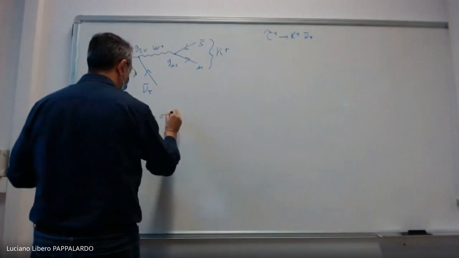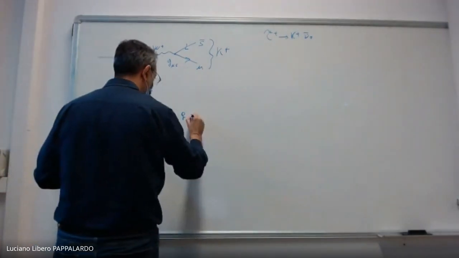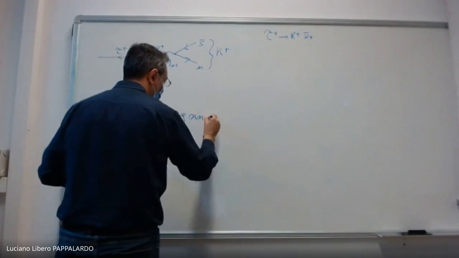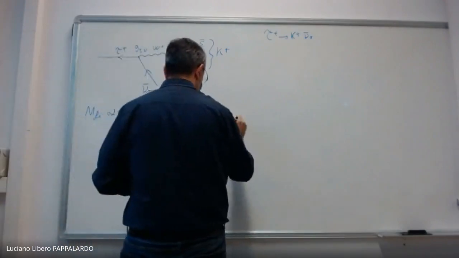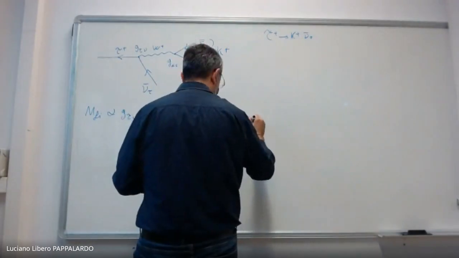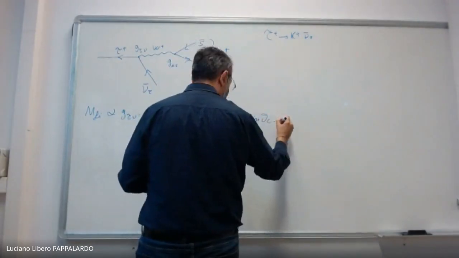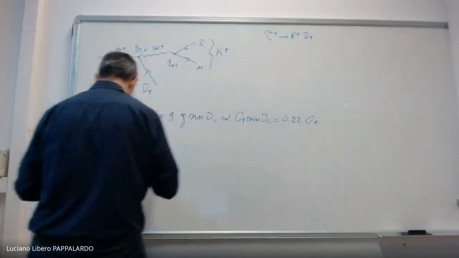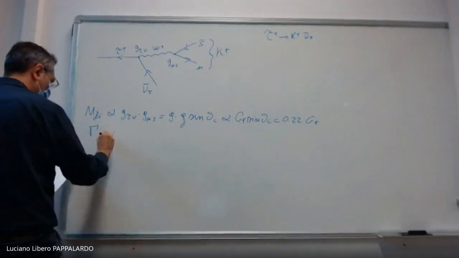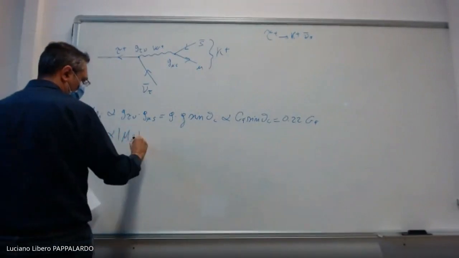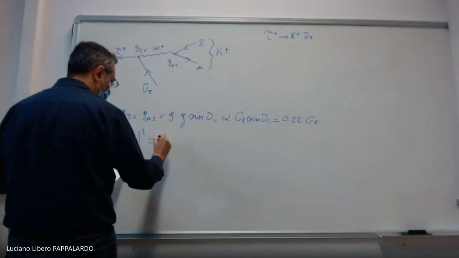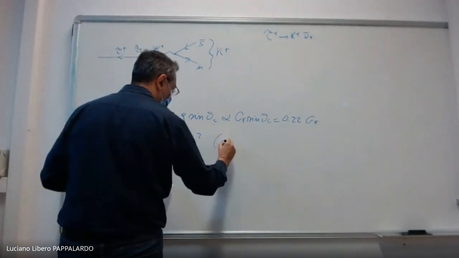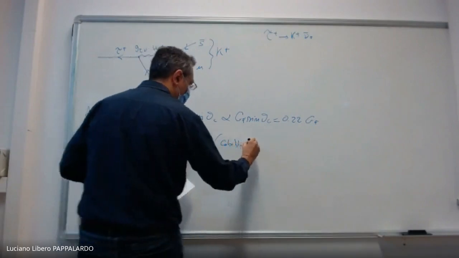And so this is G times G sine of theta Cabibbo, that is proportional to G_F sine theta Cabibbo, that means 0.22 G_F. So when we now square this, it turns out to be 0.05 G_F squared. And so this is suppressed.